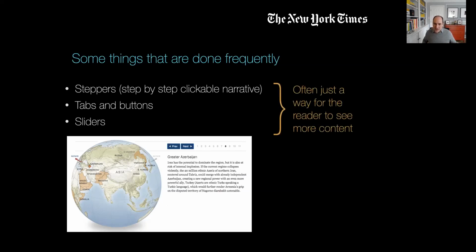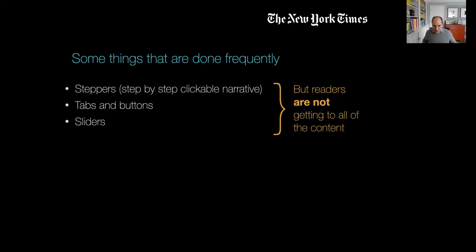Those are often just a way for the reader to see more content, right? The problem is that they did a lot of research and focus groups. People are not clicking on those things. That's a very, very clear trend. Whenever you have something that the reader has to click to reveal more information, a lot of people miss those things. They don't click on them.